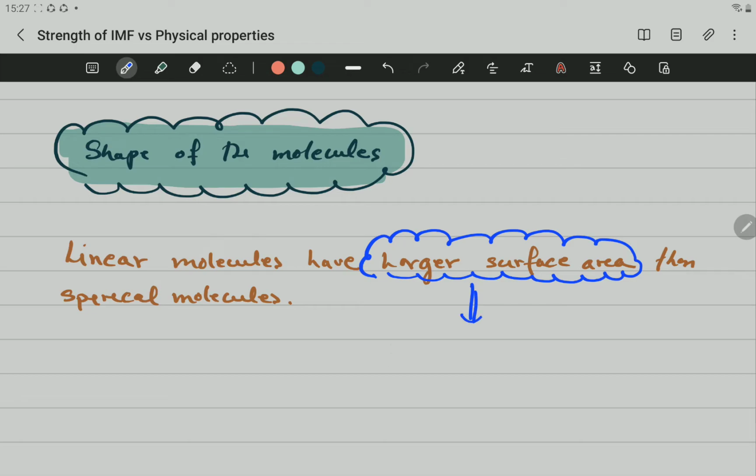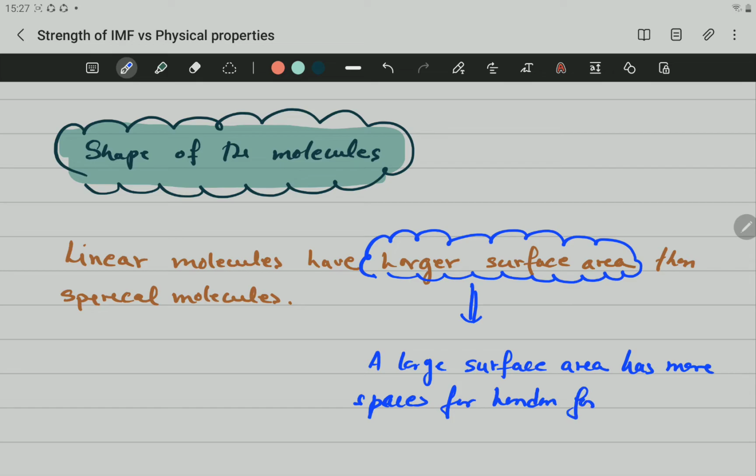The same. A large surface area will have more space for London forces. So, larger surface area has more space for London forces.